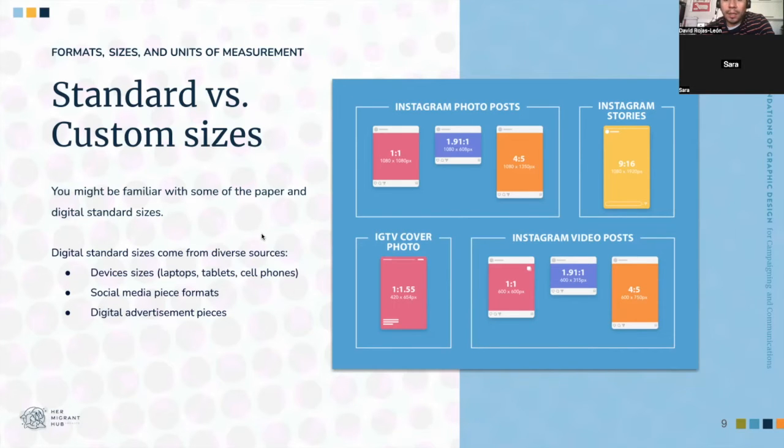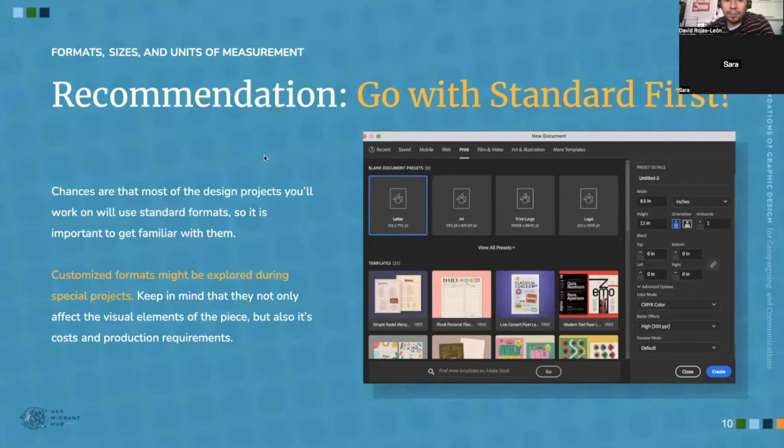Then the recommendation usually is to first go with standard formats. It doesn't mean that you can't work with customized formats, but I think those will be explored after getting more familiar with the existing standards.